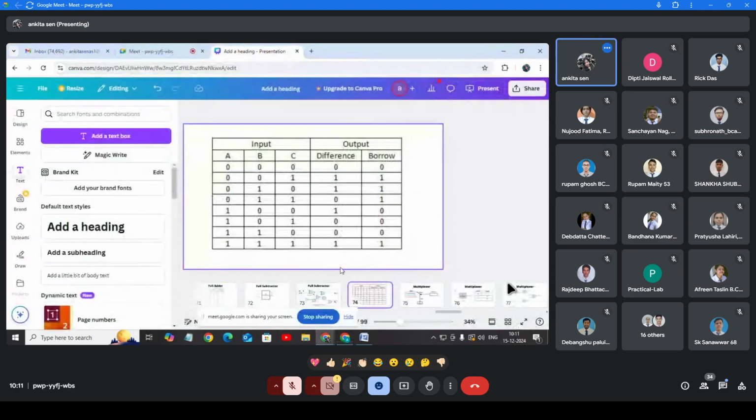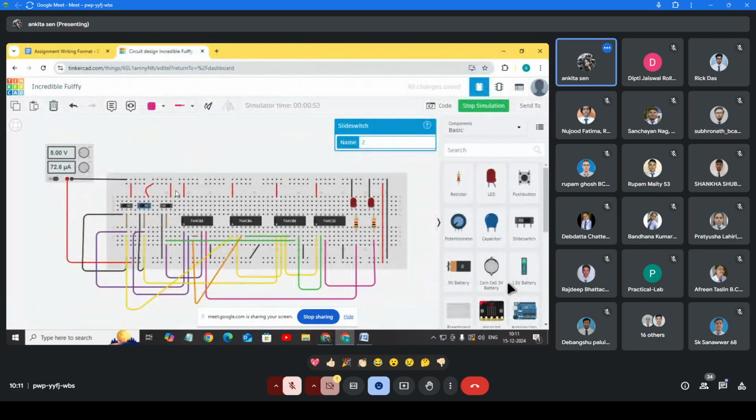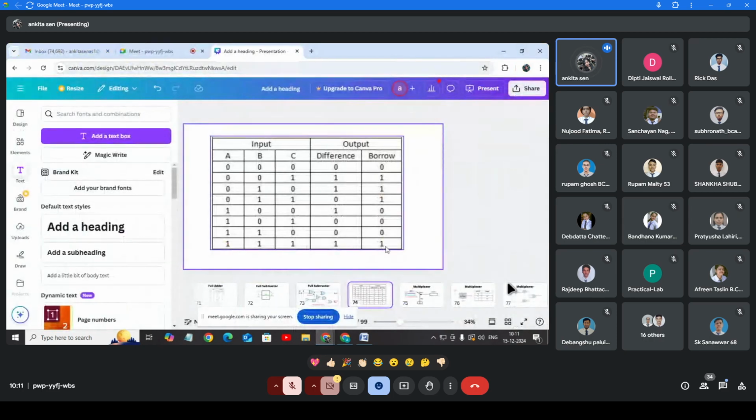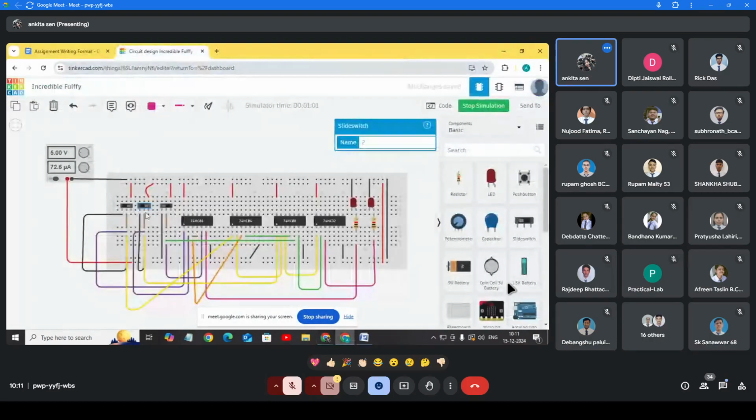Correct. A B one. Hmm. This is the A B one. My mistake. So all these three one. Both are glowing. Okay.